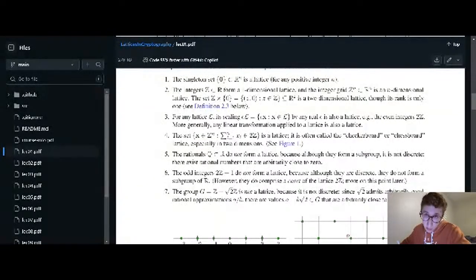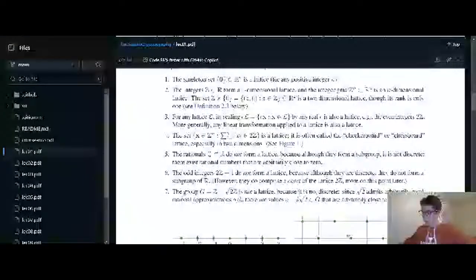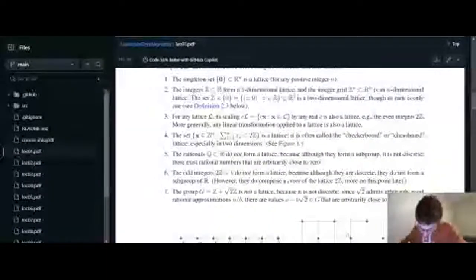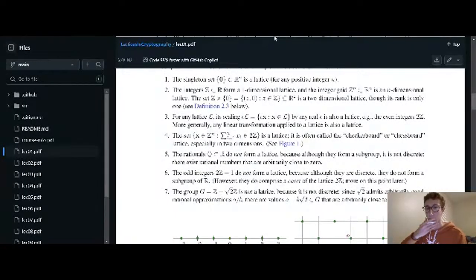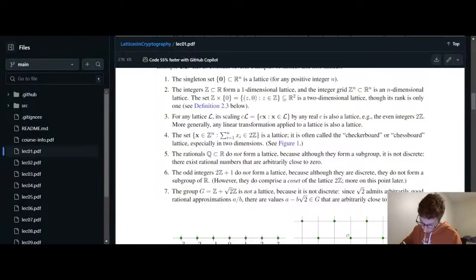I want to write down an example to prove this. So let's say take Z, take Z as a subset of the real numbers. This is the lattice. We just proved this. Let's scale this. So let's say 3Z.